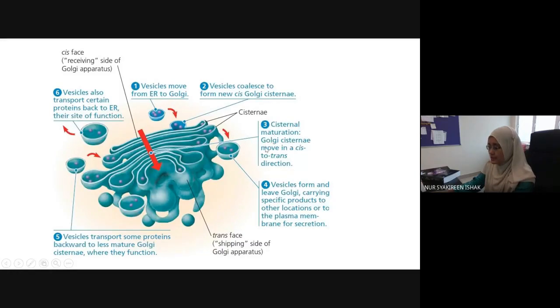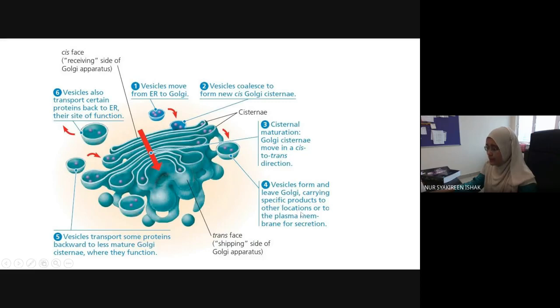So the Golgi cisternae move in the cis to trans direction, daripada region facing the ER, and then it reaches the region where it faces the plasma membrane. So vesicles form and leave the Golgi carrying specific products to other locations or to the plasma membrane for secretion.